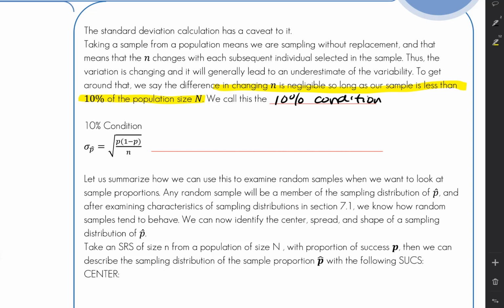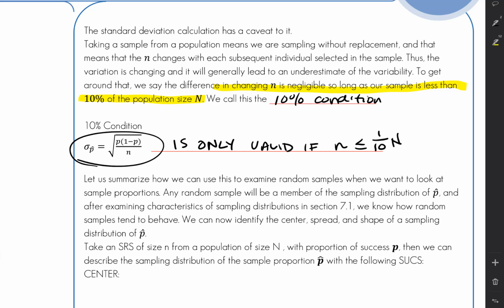So the upshot of this, we have to check the 10% condition in order to see that this calculation is okay. We say that sigma sub p hat can be found by this formula only if your sample size n is going to be less than or equal to 10% of N. 10%, same thing as 0.1, same thing as 1 over 10.